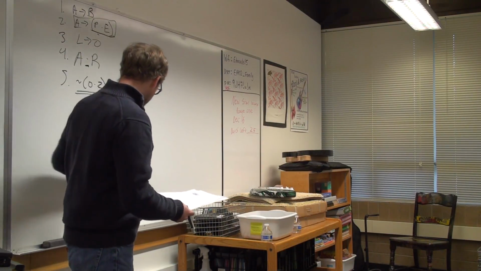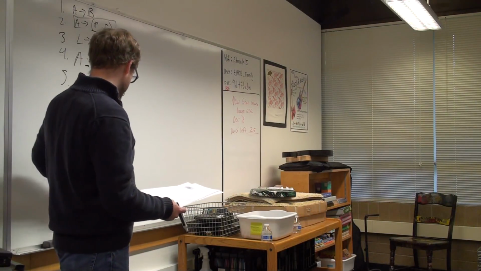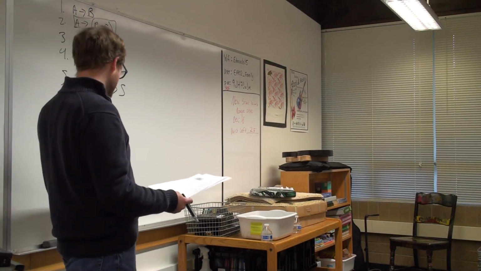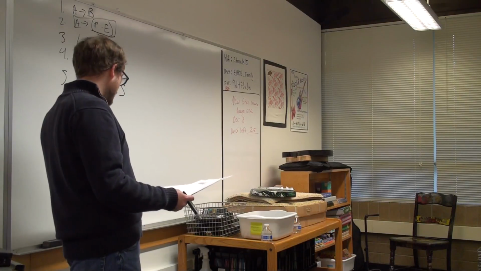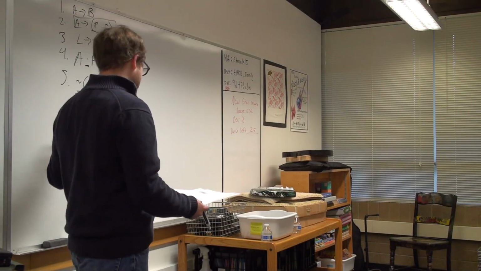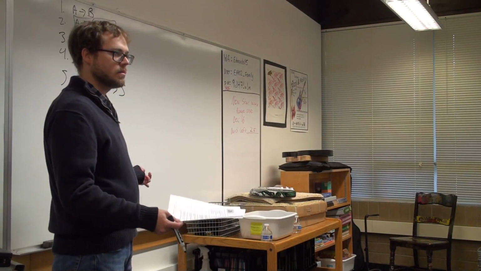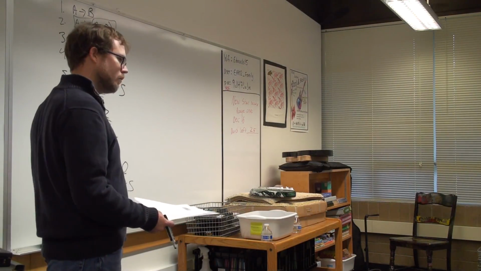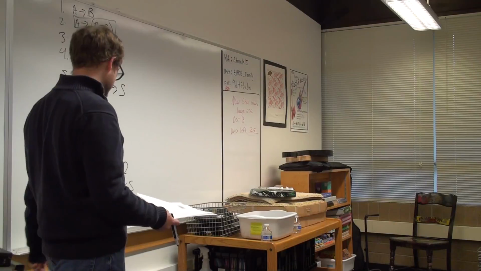So you can just go in the order that it's written, or if you go the second way, then basically what you're doing is flipping the order of the two sentences and then adding a negative on both sides. So you flip everything. That's right. Flip the order and add a negation on both sides.